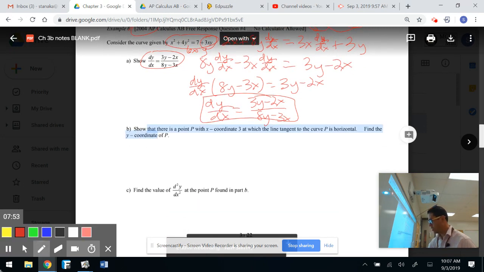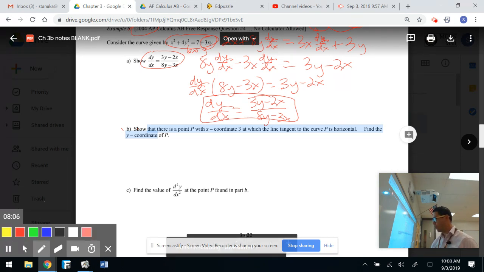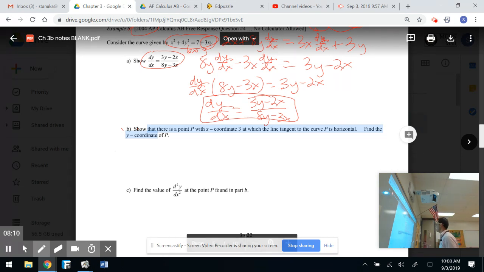Show that there is a point P with x coordinate 3 at which the line tangent to the curve at P is horizontal. Find the y coordinate of P. So what we want to think about right now is what does it mean for a tangent line to be horizontal, right?